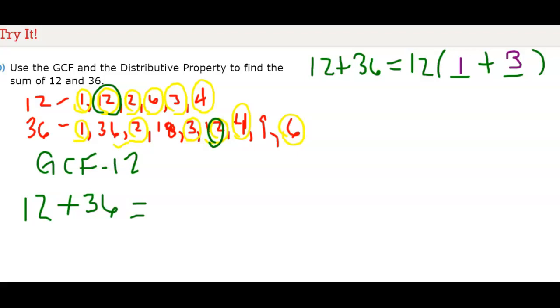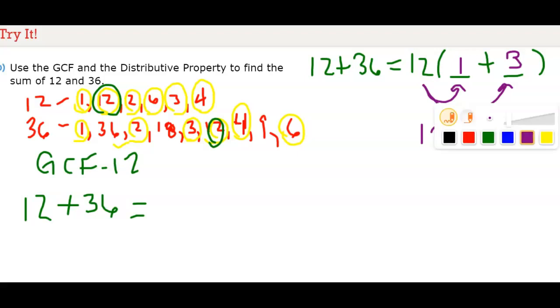Now we have to solve it because they want to know the sum. So now you do 12 times 1 is 12. 12 times 3 is 36. I'm sorry, let me back up. Actually, I'll leave that there because that shows you the distributive property.